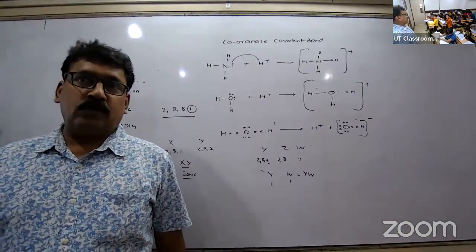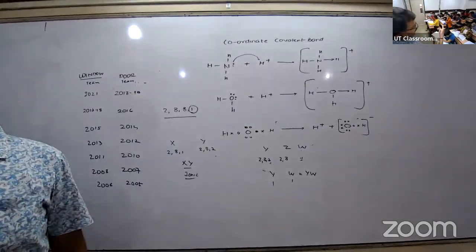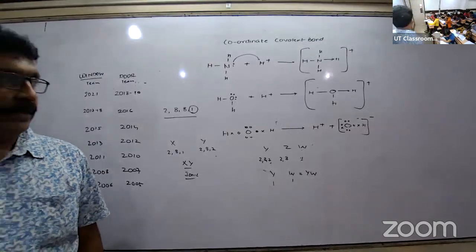Ammonium chloride is the only compound which normally has covalent, ionic as well as coordinate covalent bonds. You know it?